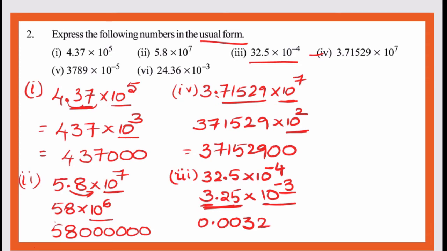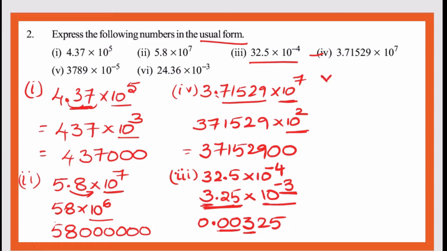So I can write it as 0.00325. Since we have 10 power minus 3, I will have 2 zeros after the decimal point, and at the third position I am going to have the first non-zero digit.